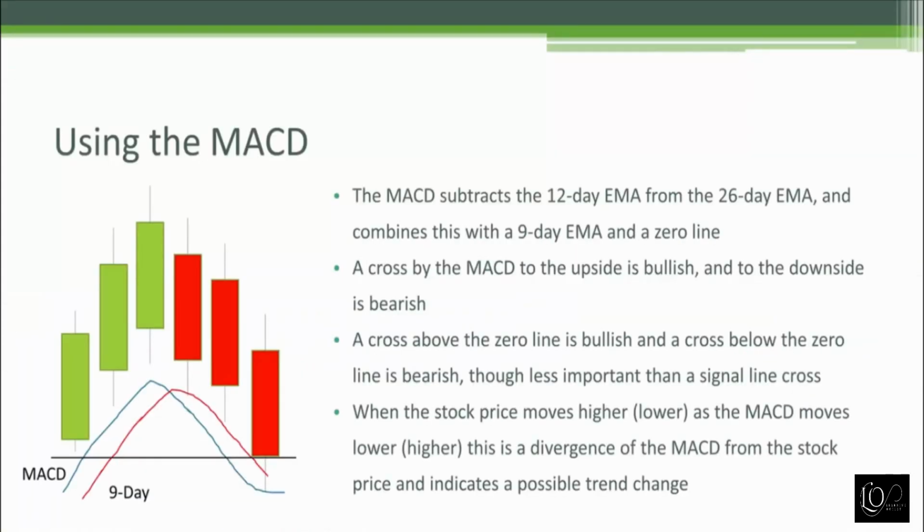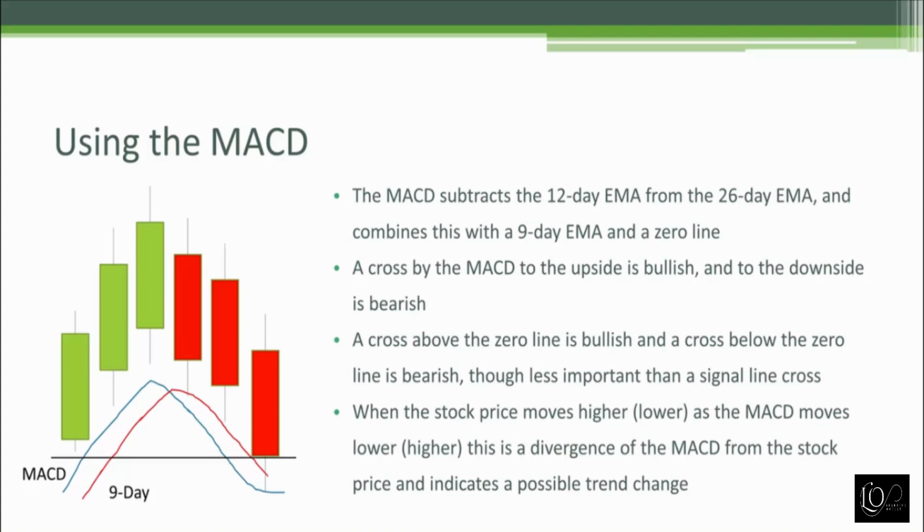The MACD is a type of exponential moving average. It subtracts the 26-day exponential moving average from the 12-day exponential moving average to get one line, which is the MACD line, and then it combines this with a 9-day exponential moving average as well as a 0 line that the MACD and the 9-day EMA can cross above and below.